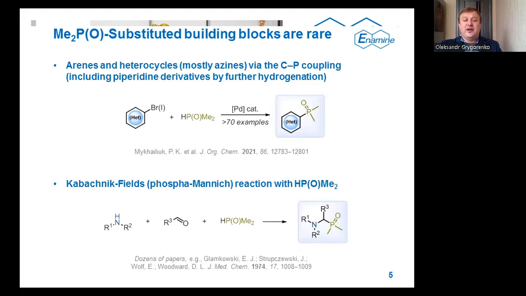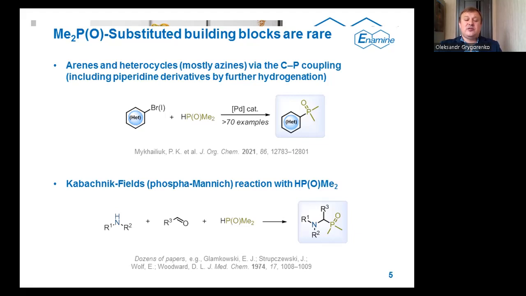This reaction provided access to a huge number of heteroaromatic and aromatic building blocks containing the dimethyl phosphine oxide moiety. Another important transformation in this field is the Kabachnik-Fields reaction, which can also be considered a phospha-Mannich reaction. It is a reaction of an aldehyde, a primary or secondary amine or ammonia, and dimethyl phosphine oxide, providing alpha-amino substituted phosphine oxides.